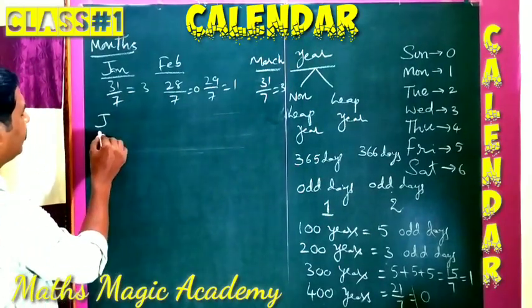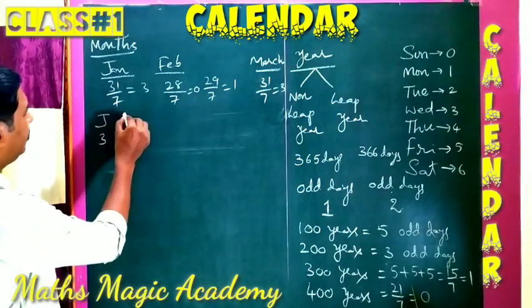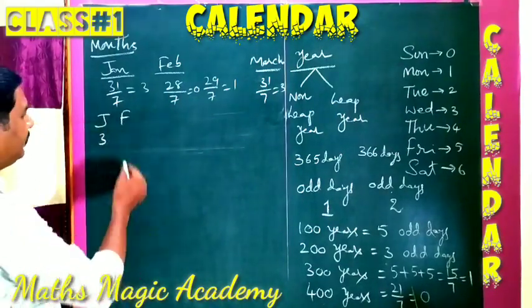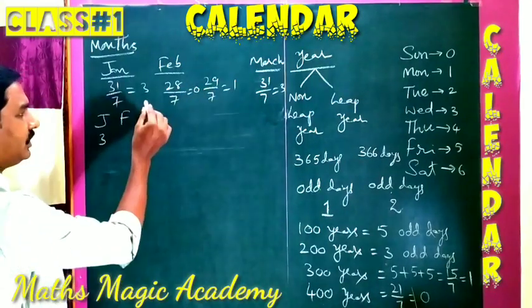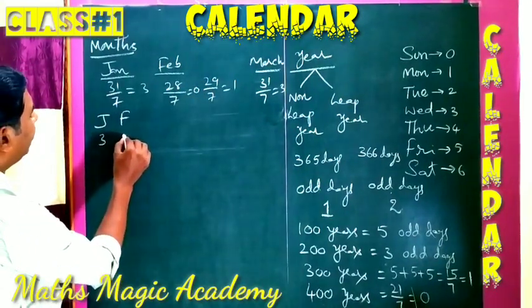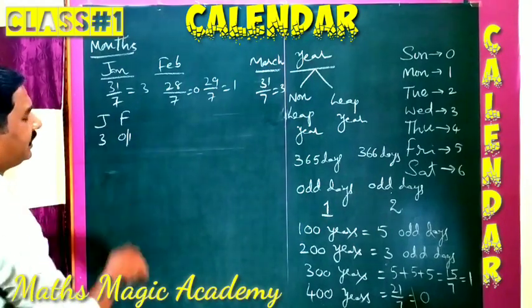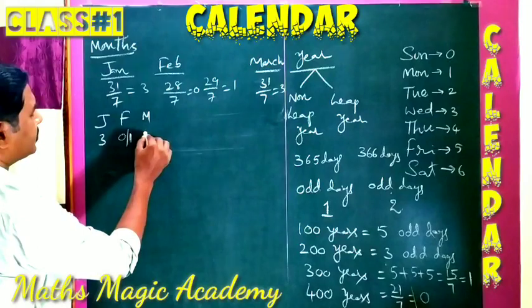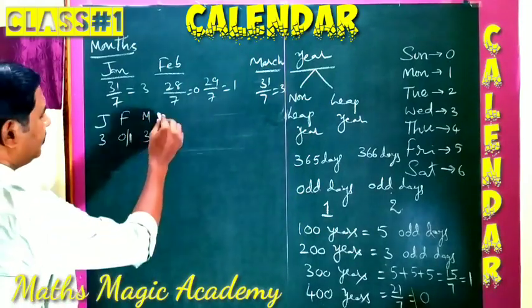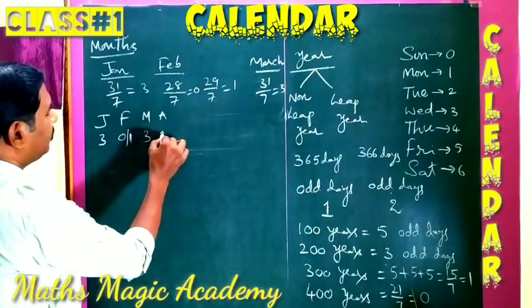January, how many? 3. In the month of February, only February changes, either 0 or 1: 0 for a non-leap year and 1 for a leap year. And March, again 3. April, 2.